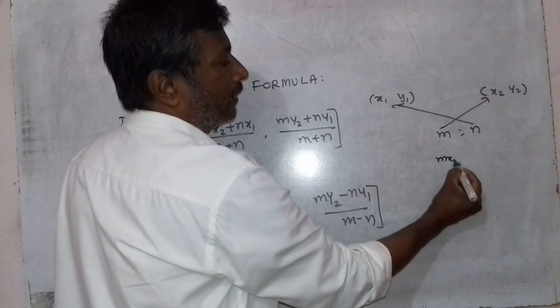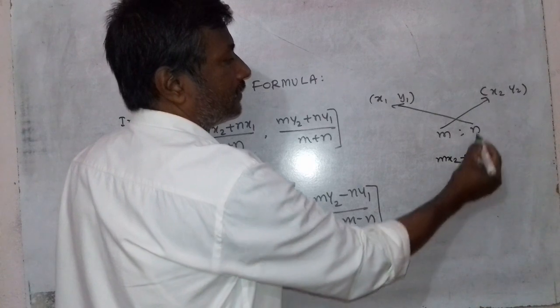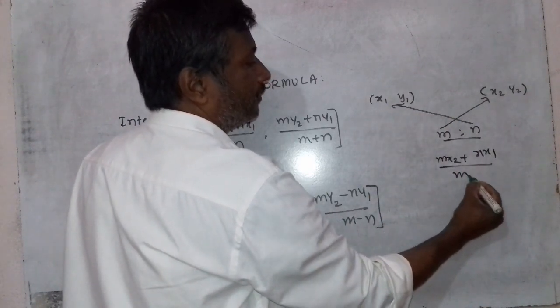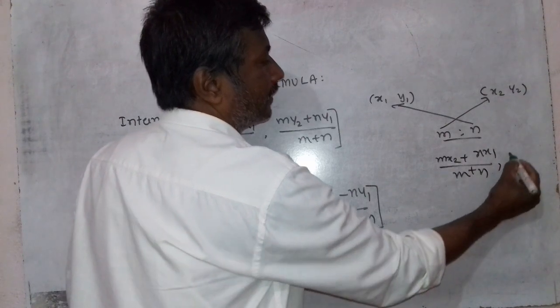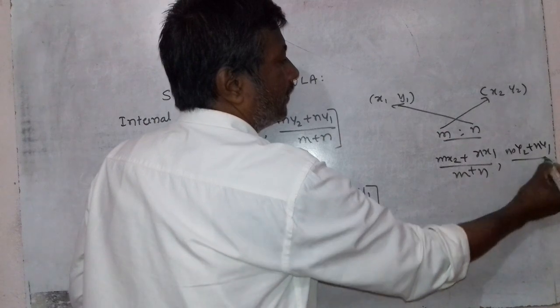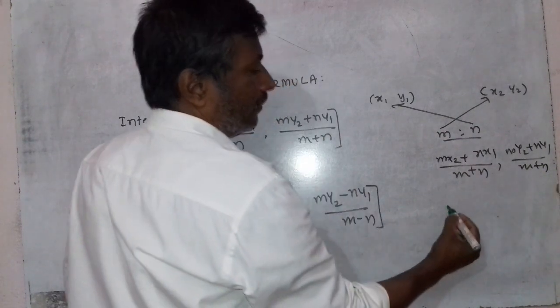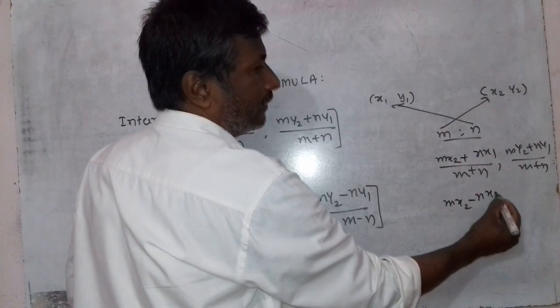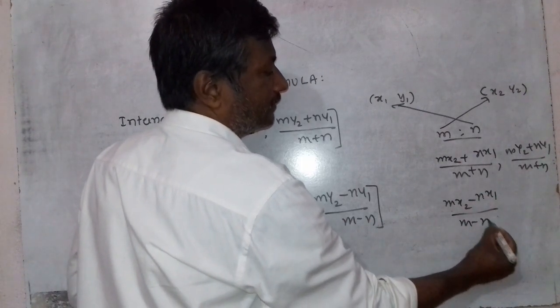mx2 plus nx1 divided by m plus n. Similarly, my2 plus ny1 divided by m plus n, or mx2 minus nx1 divided by m minus n.